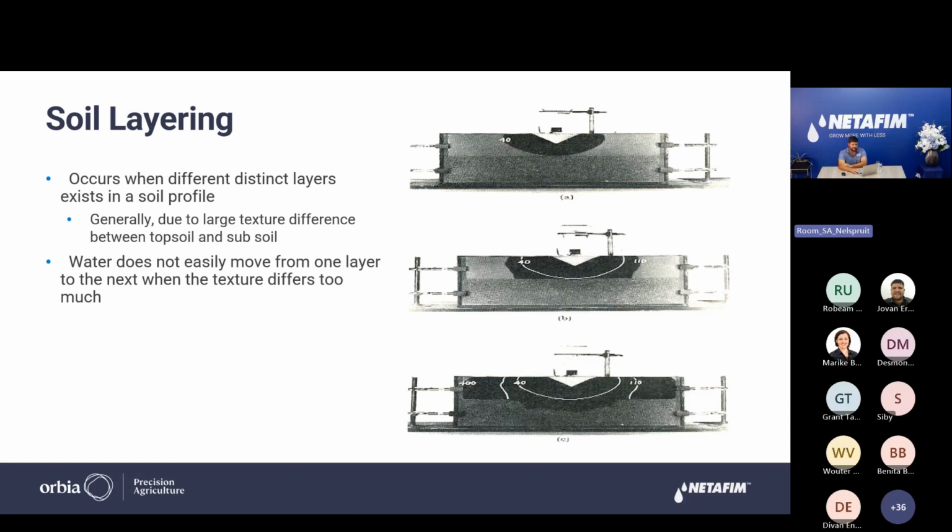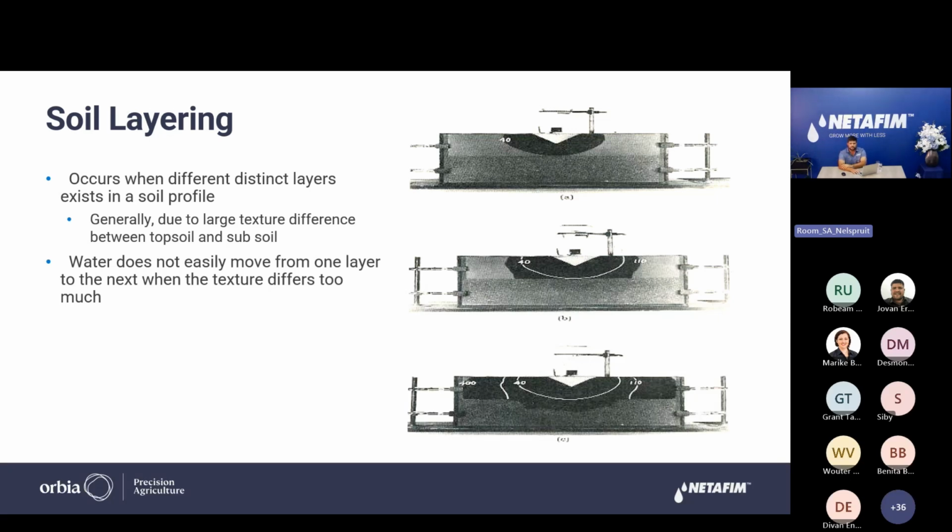It will fill the profile at the top where it moves easily, and only after that can it move into the second layer, because the infiltration there might be a lot lower or slower. This can cause a lot of irrigation issues where you tend to over-irrigate that subsoil, but your roots can't go down, and you can't manage your air and water ratios in your topsoils. So this is an important factor to consider.